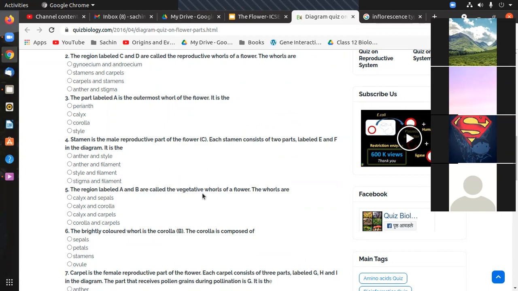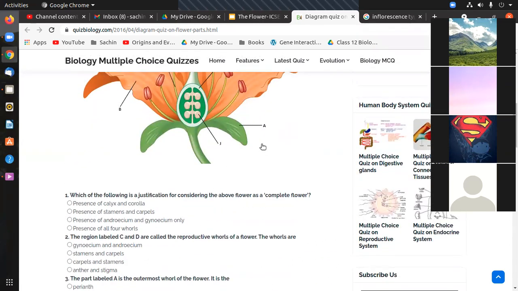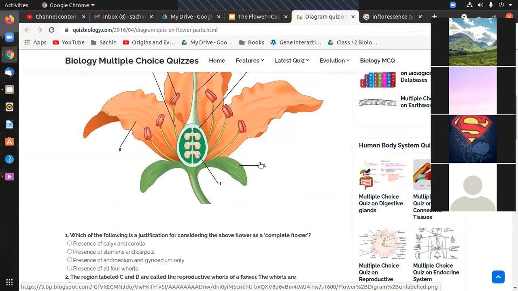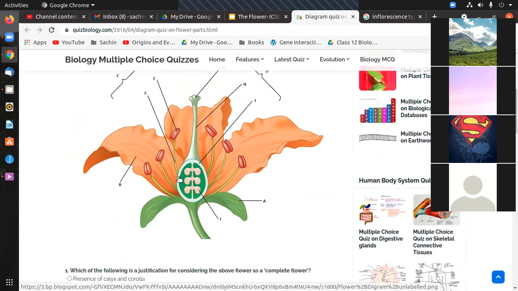That S will make a little difference, because it's the singular and plural form of the same thing. So A is your calyx and B is your corolla. If it is individual, then we will say sepal and petal.